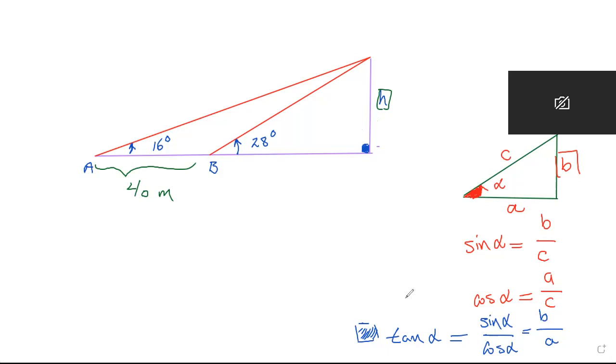As a result, if I look at this angle of elevation here, which is 16 degrees, you see the tangent of 16 degrees. How much is that?